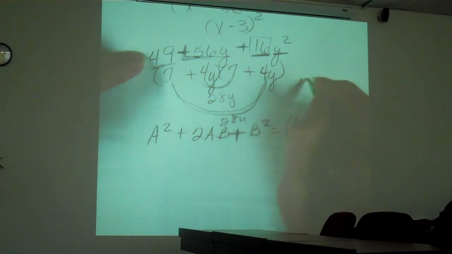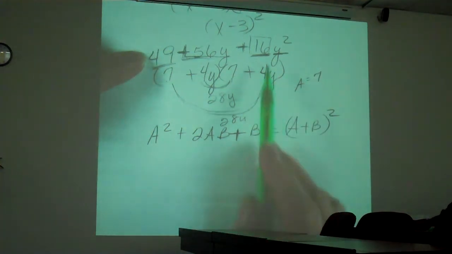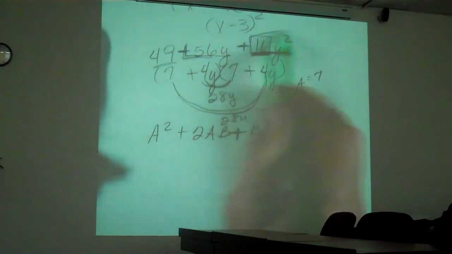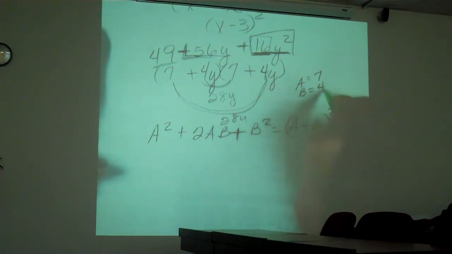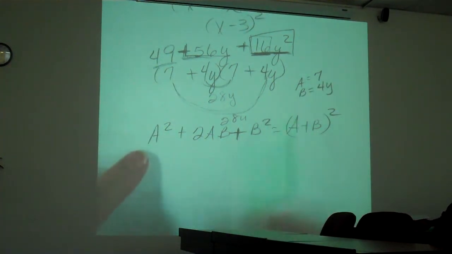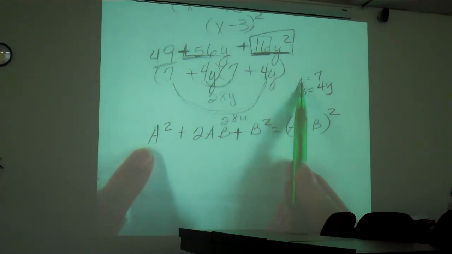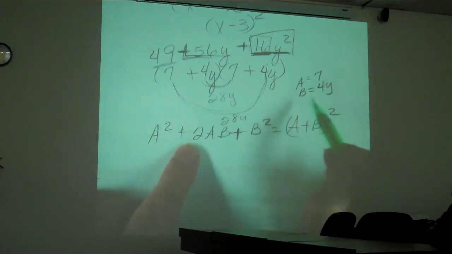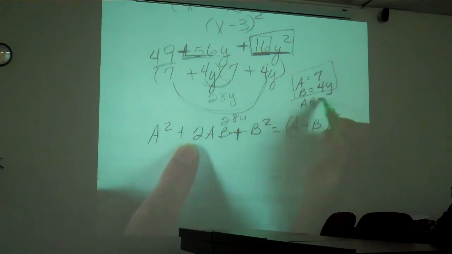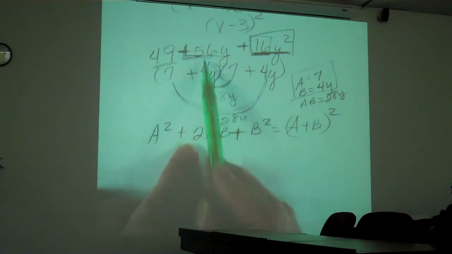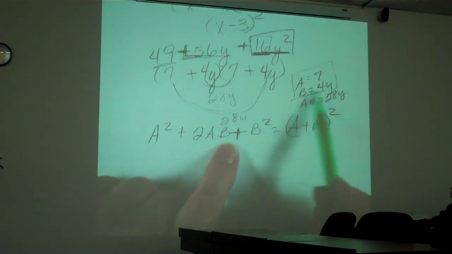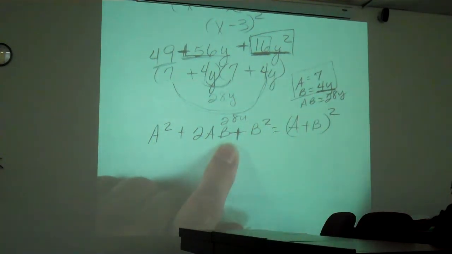So a was 7. And what is b? 4y. The square root of this whole thing. b is 4y. So a squared is 49. 2 times a times b. A times b, ab is 4 times 7, 28y. If you double 28y, there it is. And then plus b squared, 4y squared is that.